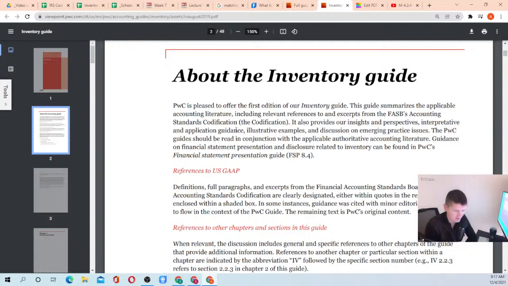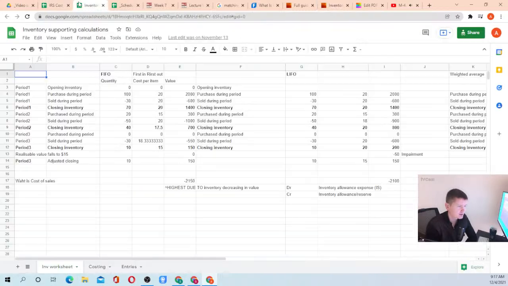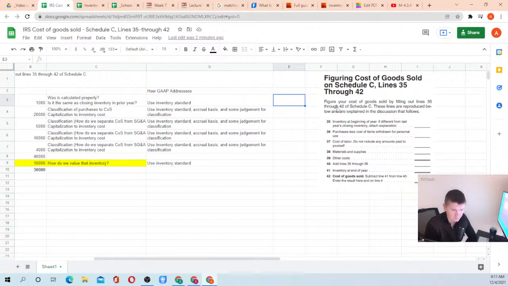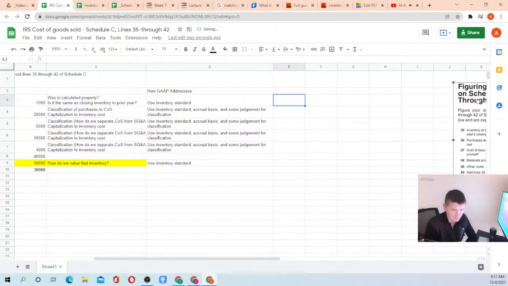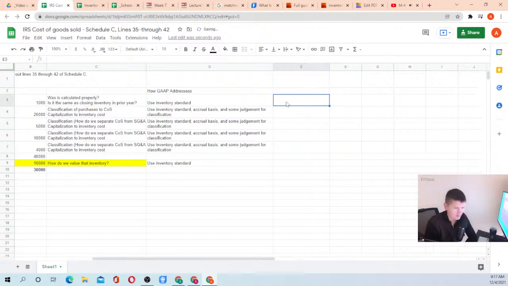Okay, so the inventory standard. What we need to do with inventory? Let's go back to our file. We need to know quantity, do regular stock counts.